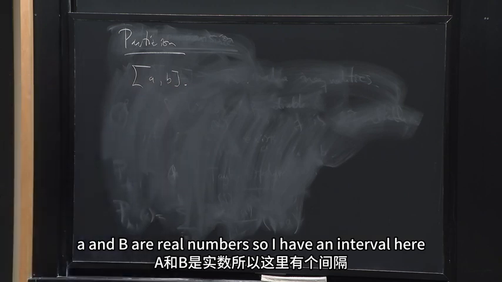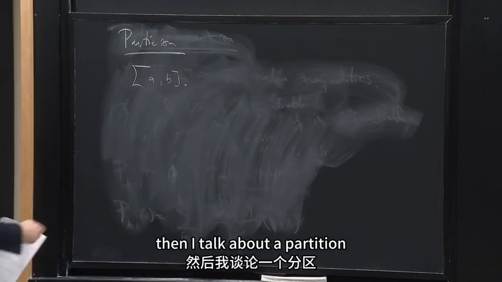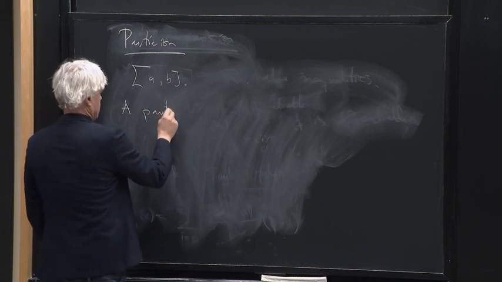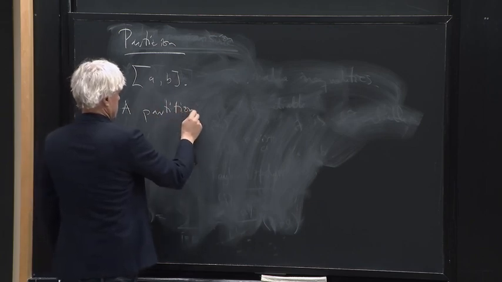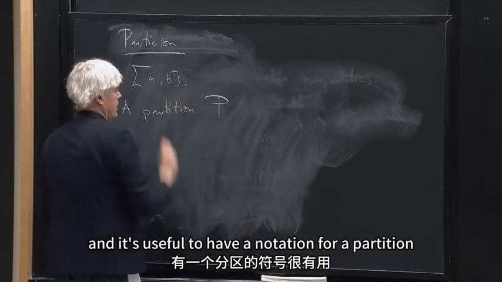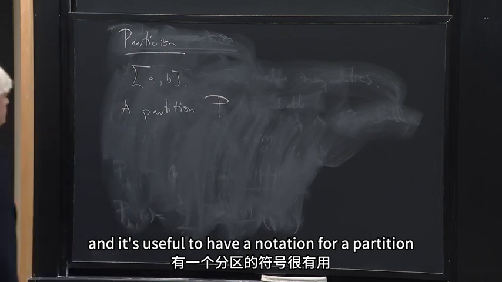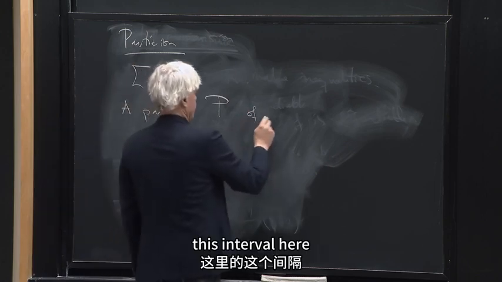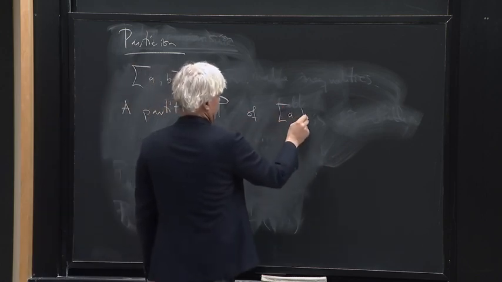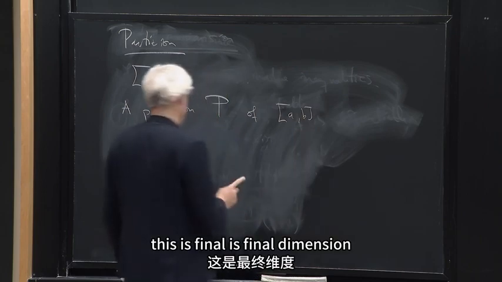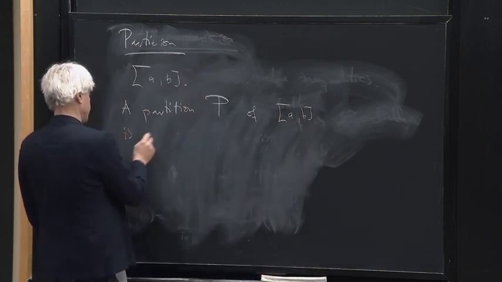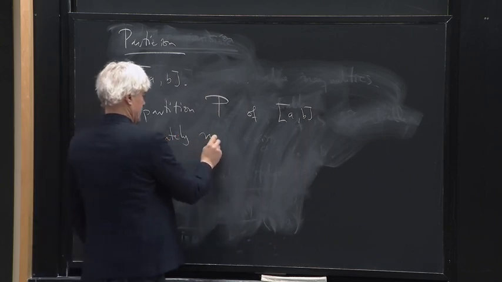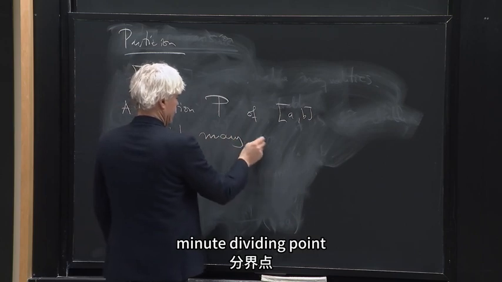Then I talk about a partition, and it's useful to have a notation for a partition, so I call it P of this interval here. This is finitely many dividing points.